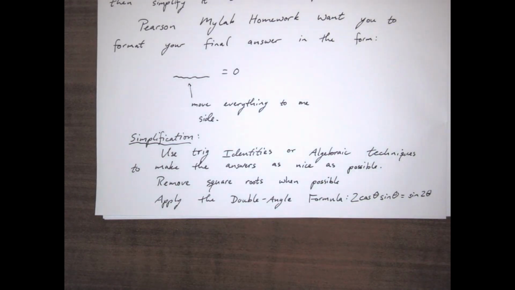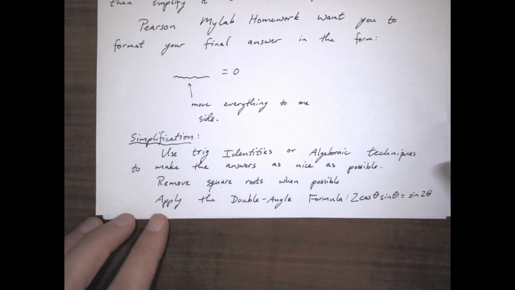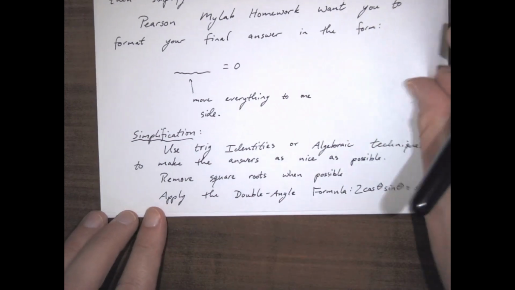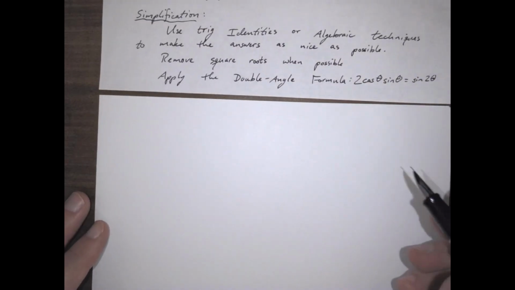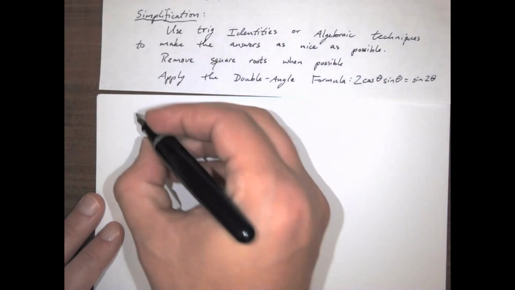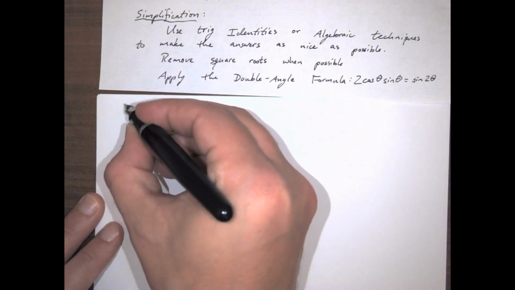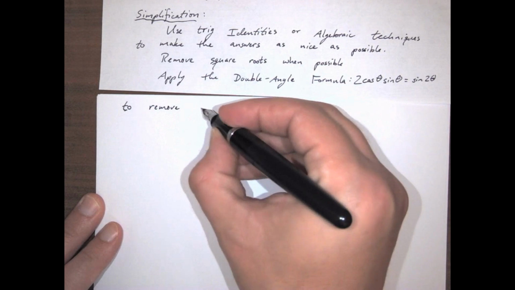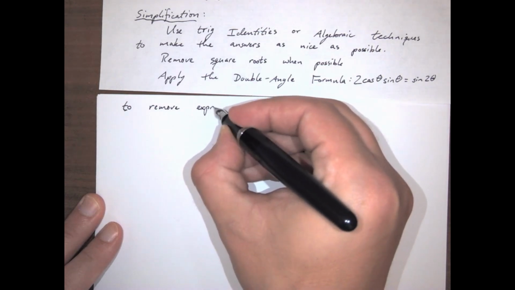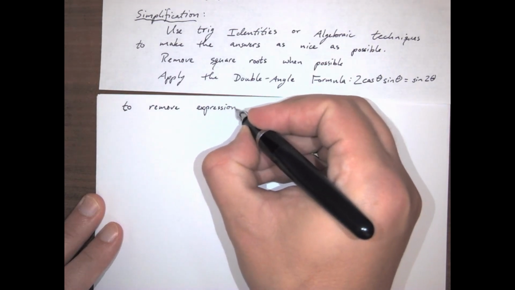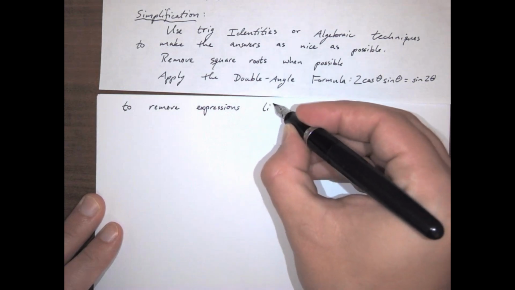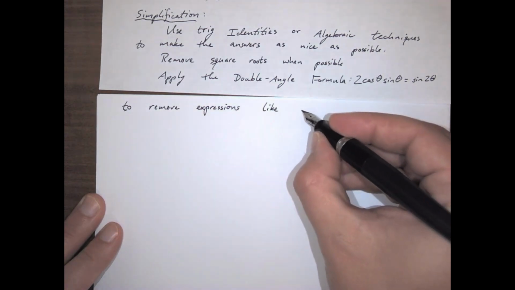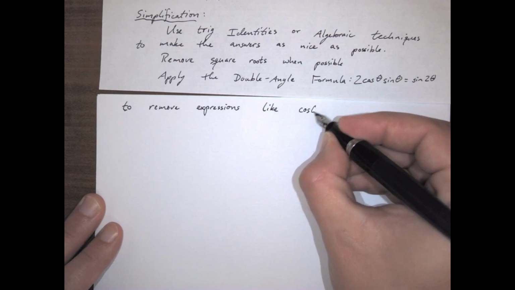This is the double angle formula from section 6.6, and we will apply that to remove expressions like cosine sine.